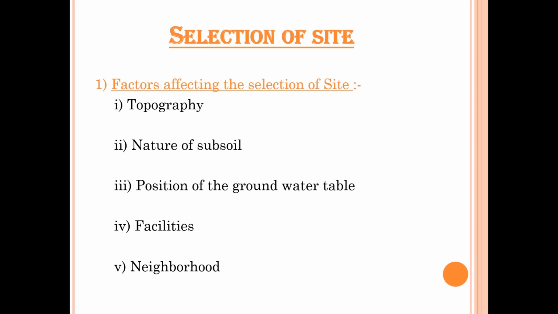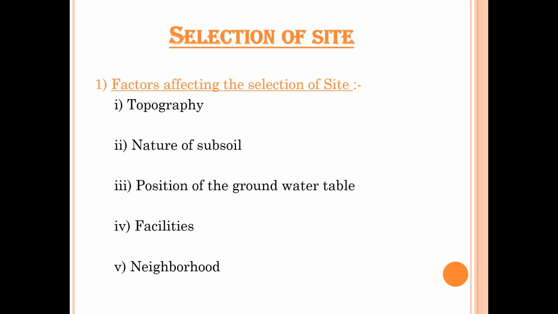In case of rock, there will be a problem of taking pits or excavation for the foundation, so that should also be avoided. Murum is perfect for the building. Then the position of groundwater level.